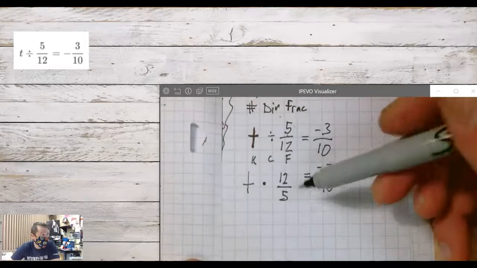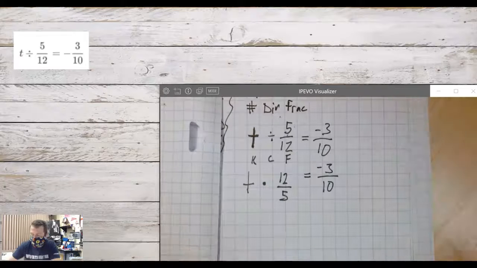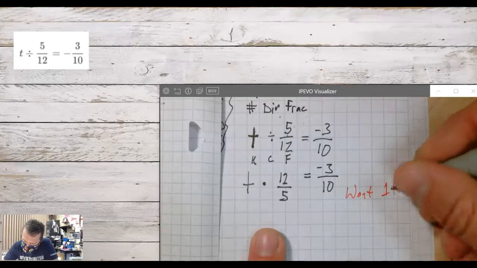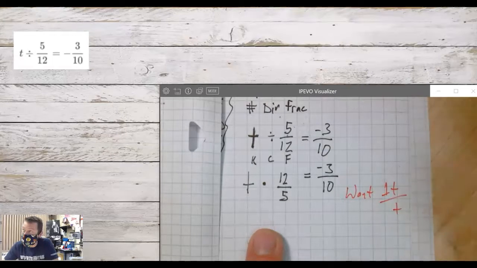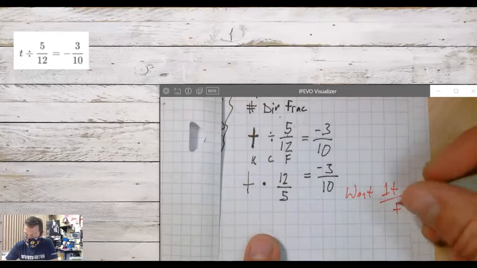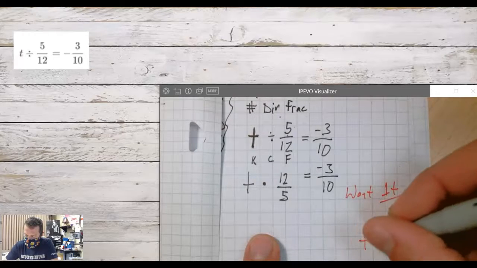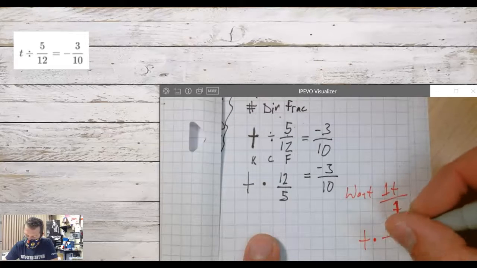So now that we've done keep, change, flip, and we have multiplication, we think back to that goal of we want 1t. And if t is divided by anything, we also want, not t divided by t, we would want t divided by 1. And if t is going to multiply by anything, we want it to be 1.